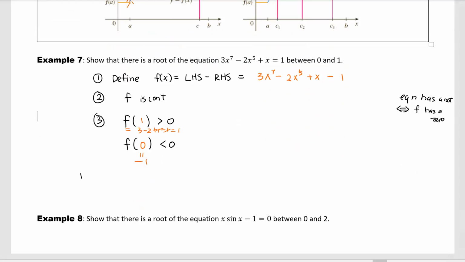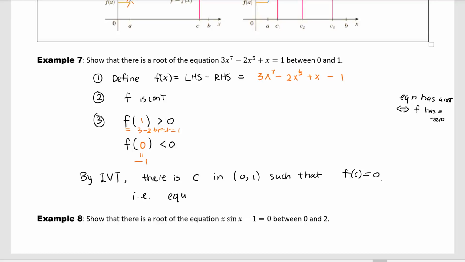So we say by the intermediate value theorem, there is a C in the interval (0, 1) such that f of C equals 0, i.e. the equation has at least one root in (0, 1).